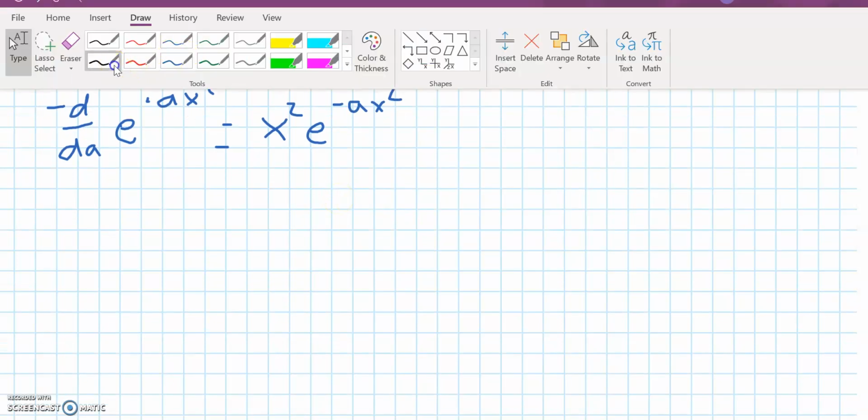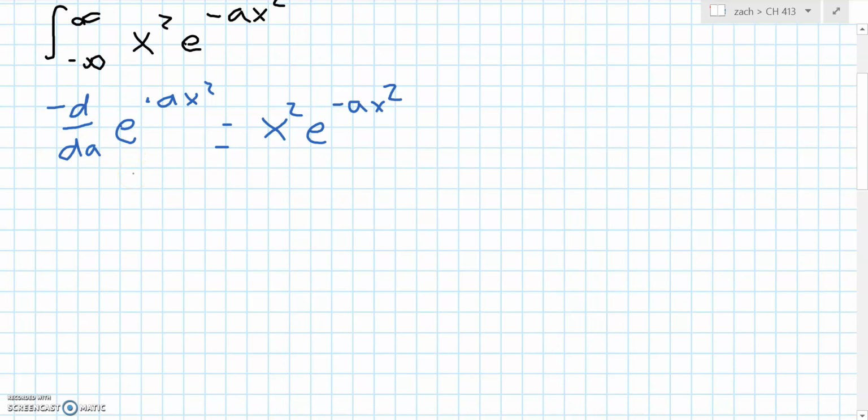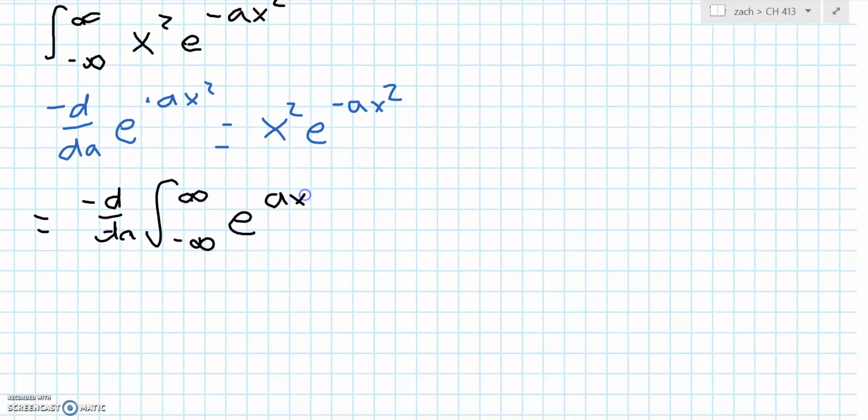Alright, so we can use this trick. So this is equal to minus d/da, the integral from minus infinity to infinity of e to the minus ax squared dx.